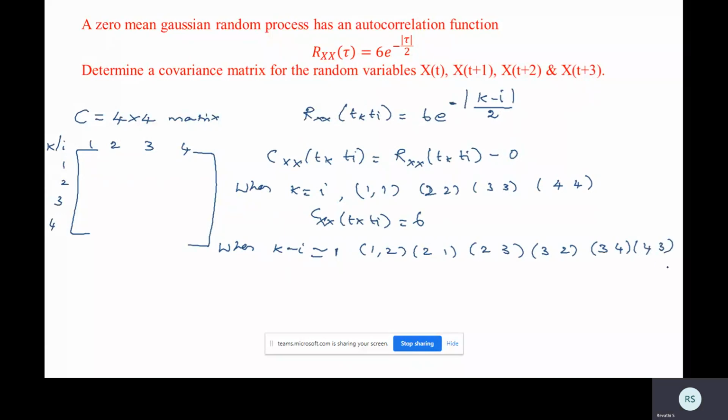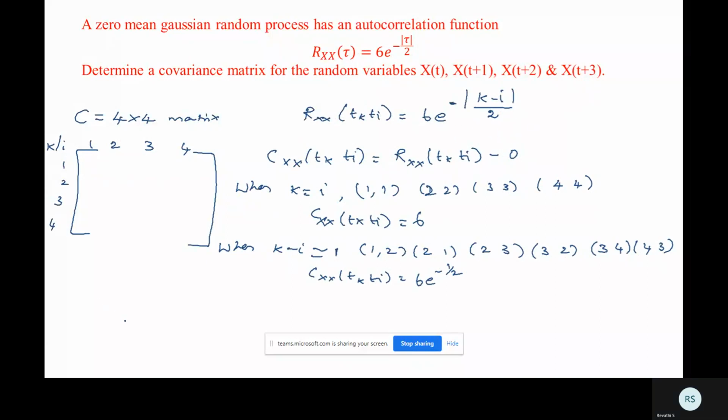So in 6 instances, k minus i difference is 1. If the difference is 1, what is the answer? Cxx of tk comma ti is nothing but 6 e power minus 1 by 2, if you substitute here.